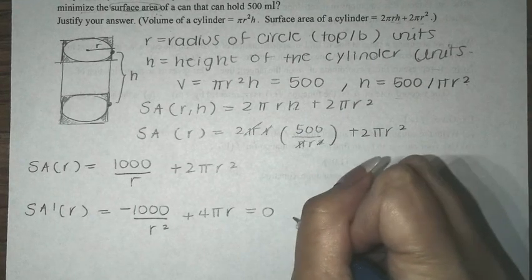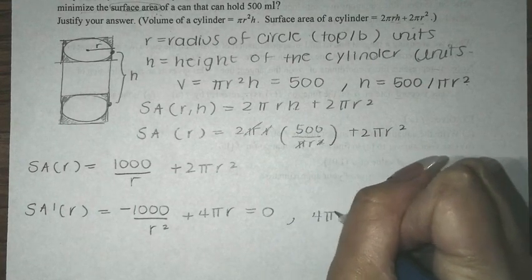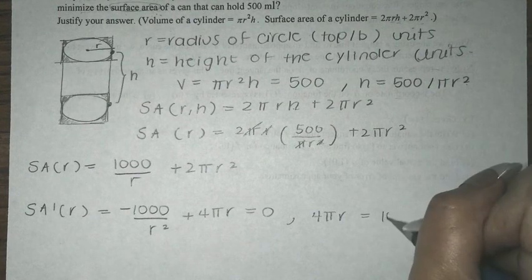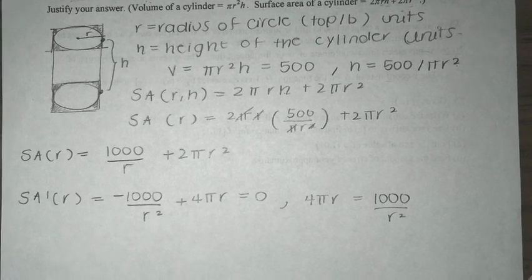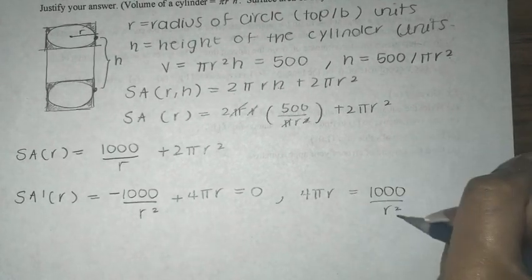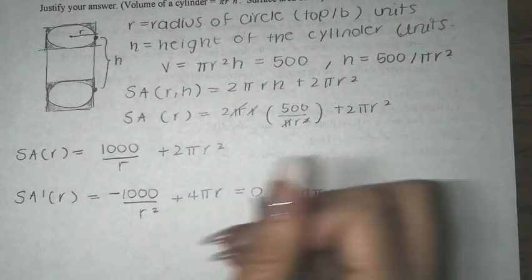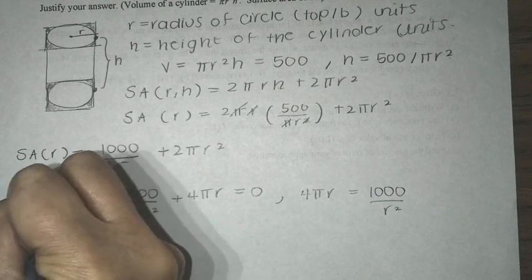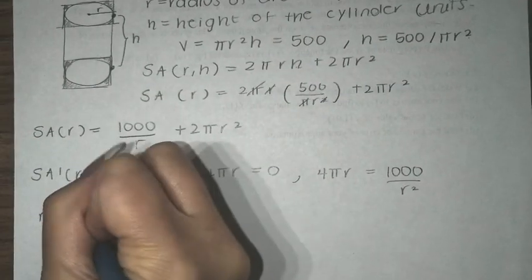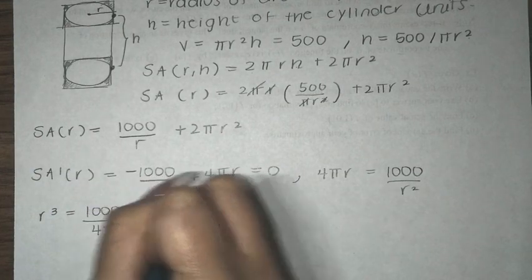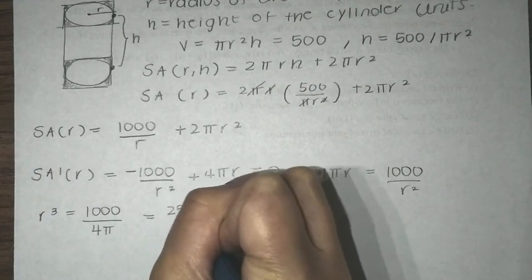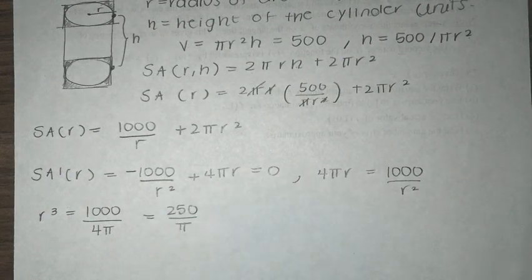When you do that, you have that 4 pi r is equal to 1000 r squared. Okay, after that, when we do the cross multiplication, or we pass this multiplying to the other side, however you want to call it, I have that r cubed is going to be equal to 1000 divided by 4 pi. You know that this is the same as saying 250 divided by pi.